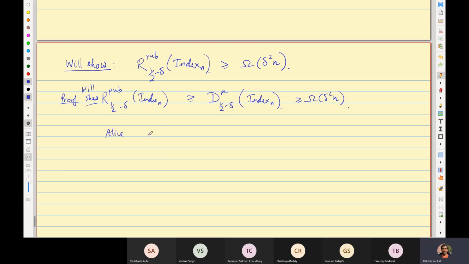This is the distribution that we set up, so we choose it cleverly. In this case, it's the normal one that you would expect. Alice gets a uniformly random bit string in 0, 1 raised to n. And Bob gets a uniformly random index. UAR means uniformly at random, in case you're not used to this notation yet.